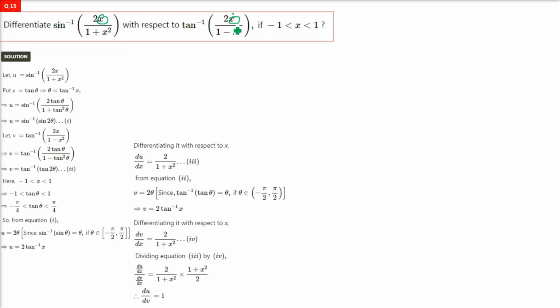So you don't have to worry about that. And this question, since it is just a repetition, you already know the answer is going to come as 1, because both the times you are going to get 2 tan inverse x. And that 2 tan inverse x differentiation, even without differentiation, it's going to divide completely. So it is going to be 1. The answer is 1. Alright, I am skipping it now.